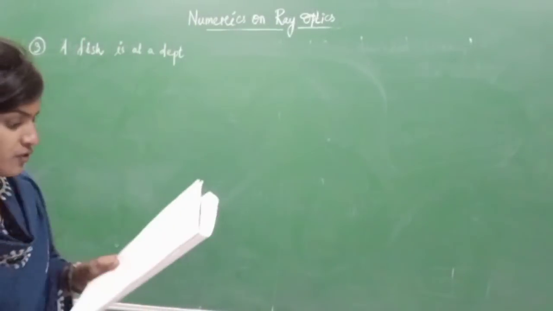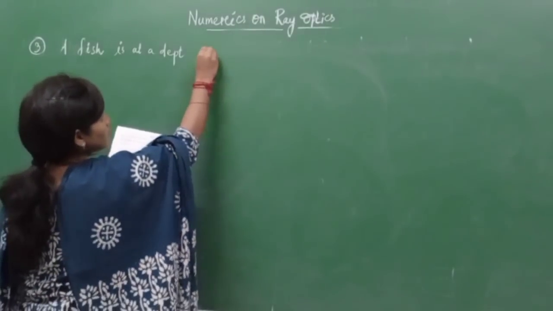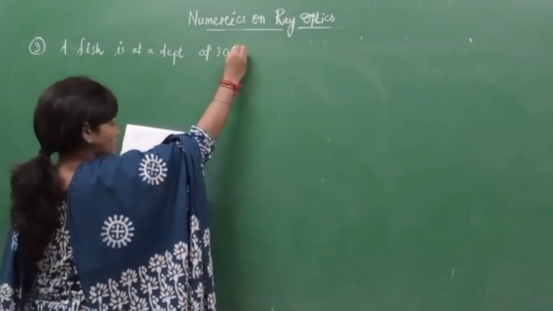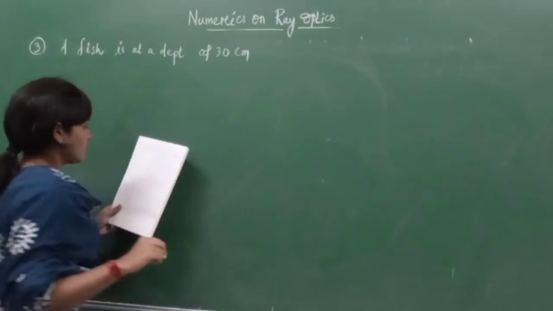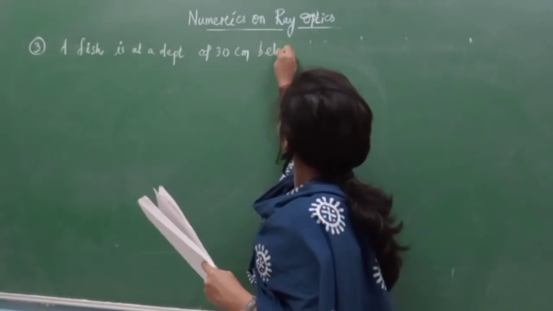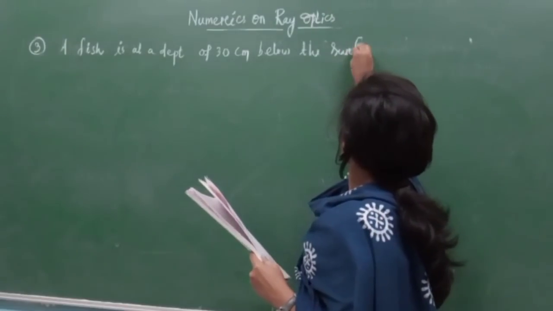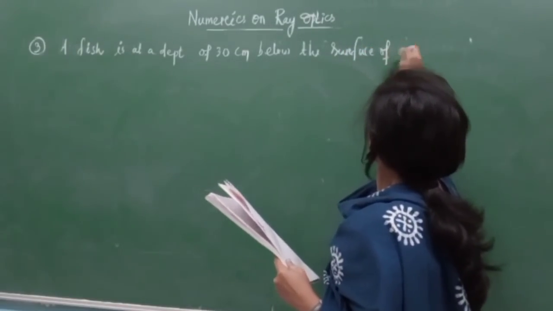Now over to the third question. A fish is at a depth of 30 centimeter below the surface of water.